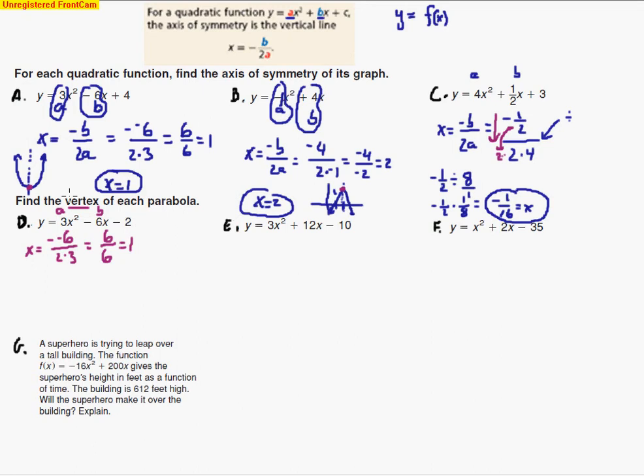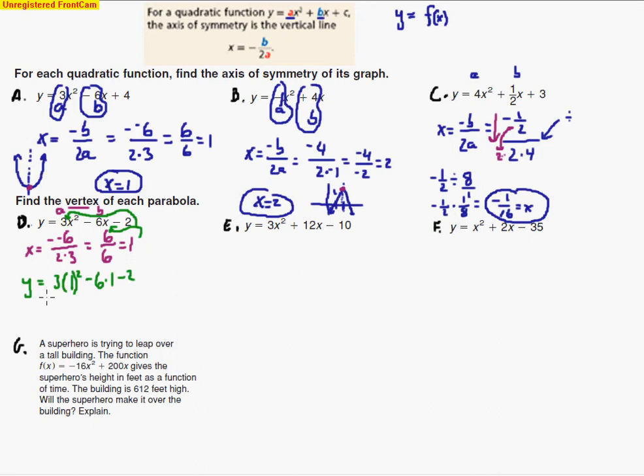Now just substitute. So take this 1, and let's put it in place of these x's. So we'll slide it right here in place of this x. So let's go ahead and find out what y is. Y is 3 times 1 squared, so we have to square 1, and then multiply by 3, minus 6 times 1, and then minus 2.